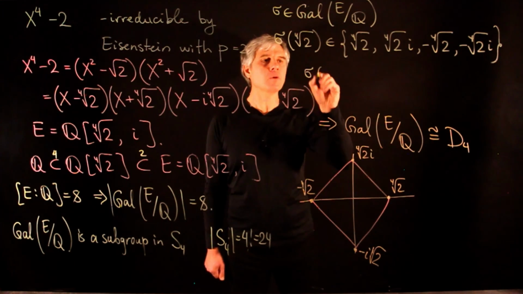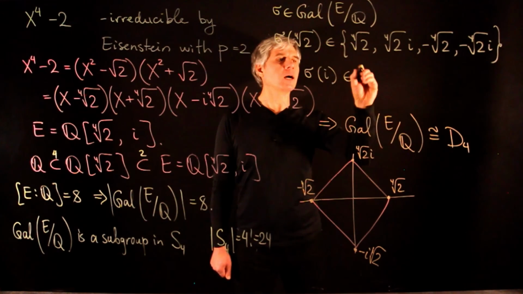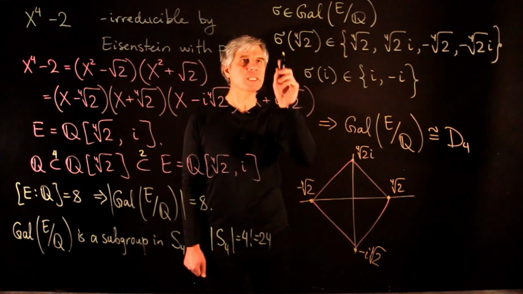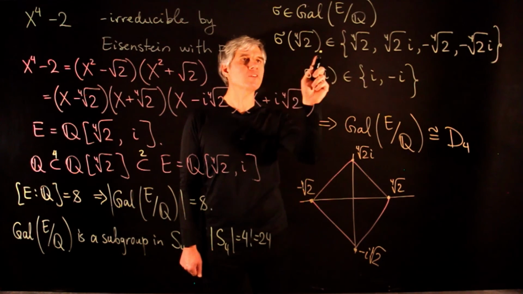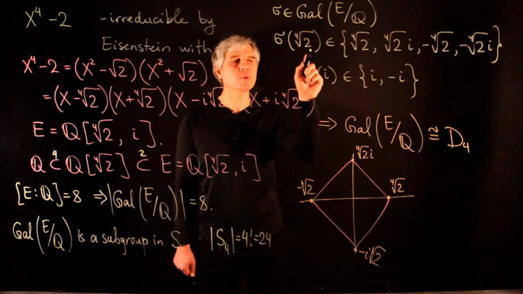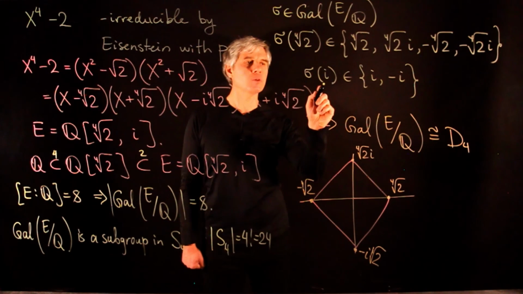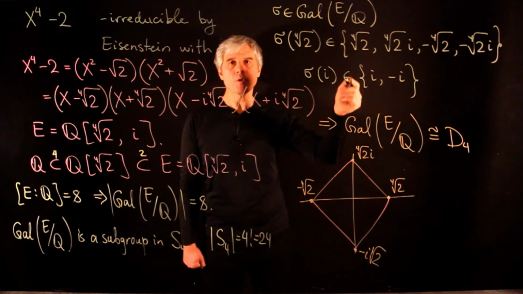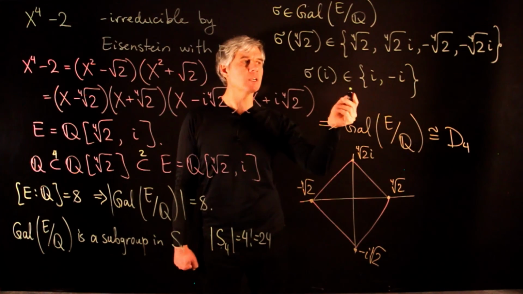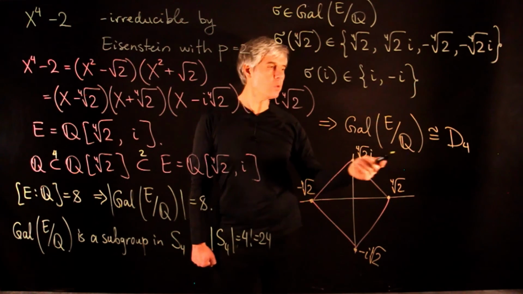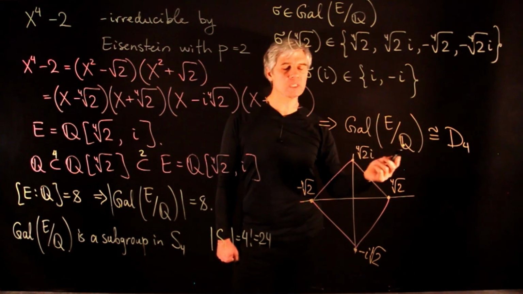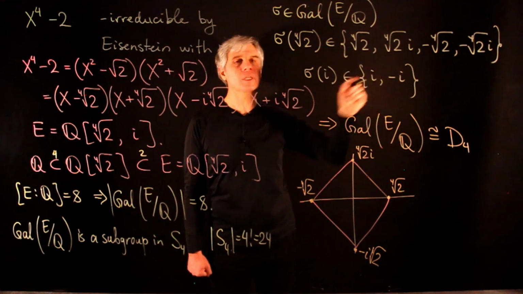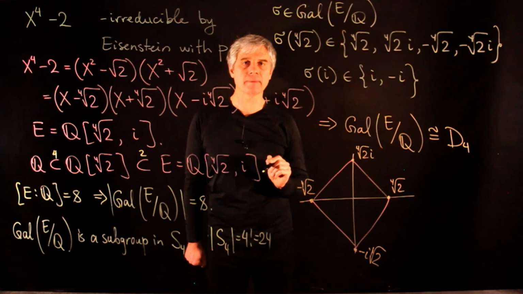Whereas sigma of i will be either i or minus i. So we have 4 possible values for the image of fourth root of 2 and 2 possible values for the image of i. So the maximal possible number of combinations of values here is 8. But we know already that the order of this Galois group is 8. So this means that any pair of these combinations can be realized.